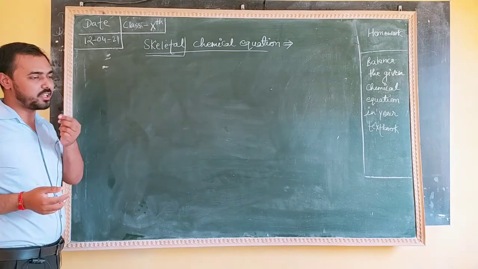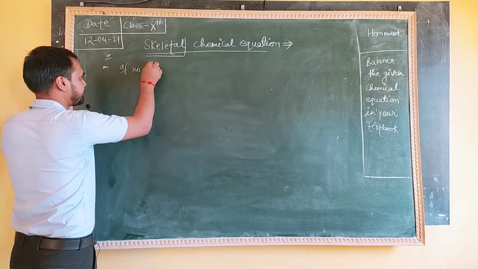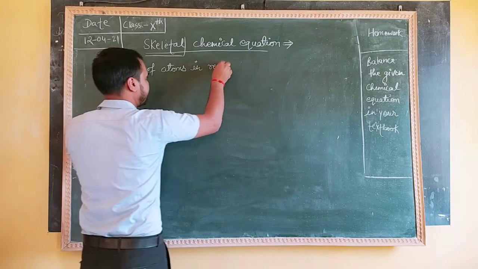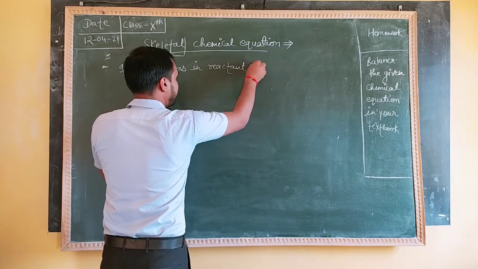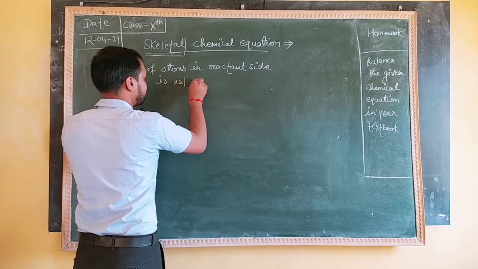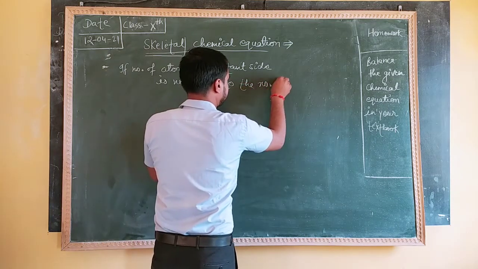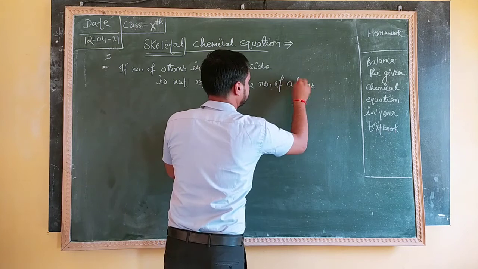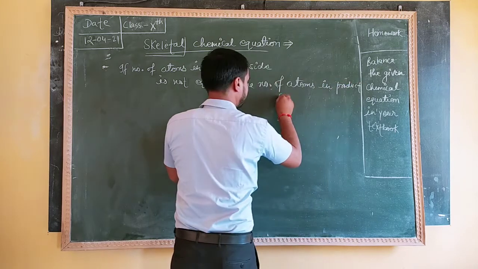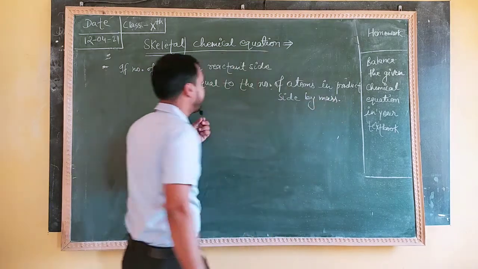So here in a skeletal chemical equation, we can easily say that if the number of atoms in reactant site is not equal to the number of atoms present in product site by mass, so this is called a skeletal chemical equation.